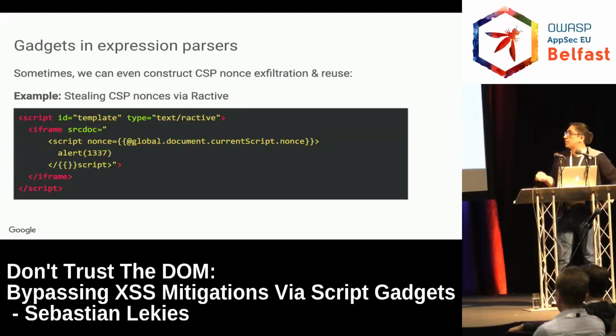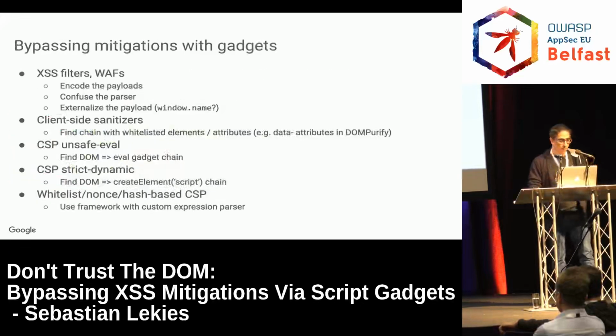And those are slowly being addressed by the browsers, but this is a way of stealing the nonce by just getting the property of a legitimate script from the application, and then just creating a new script with the correct nonce value in order to bypass the nonce-based CSP. And this is a functionality of a reactive framework, for example.